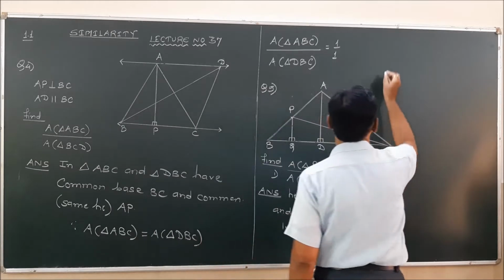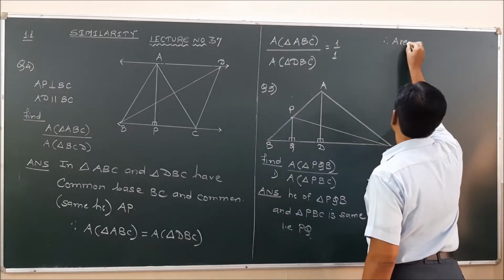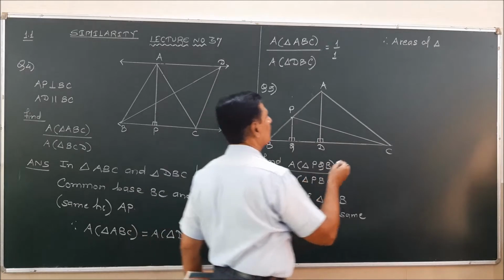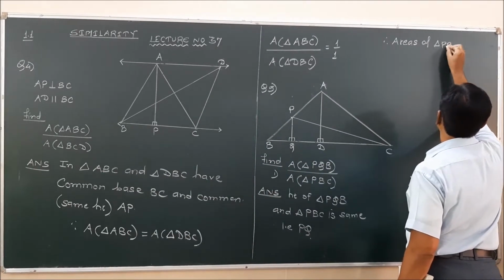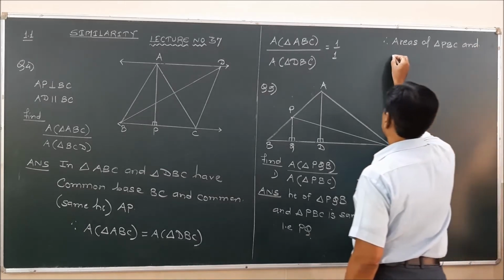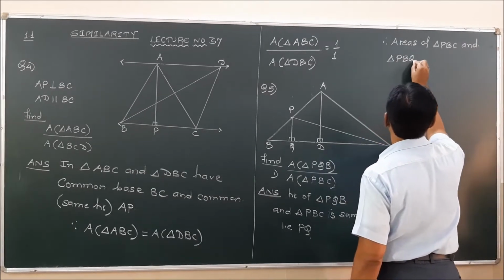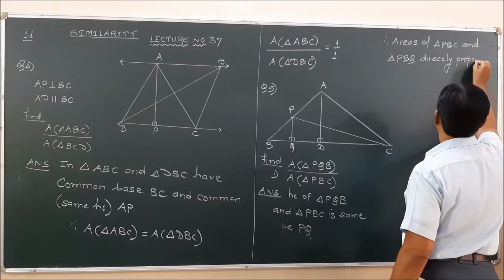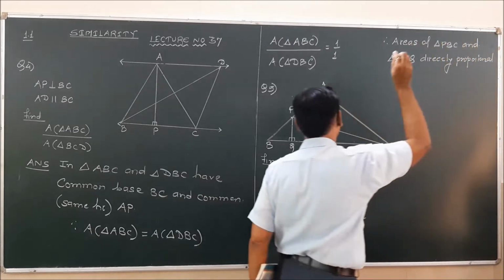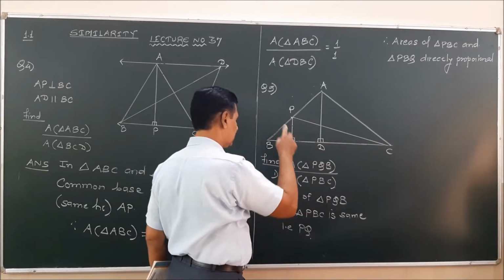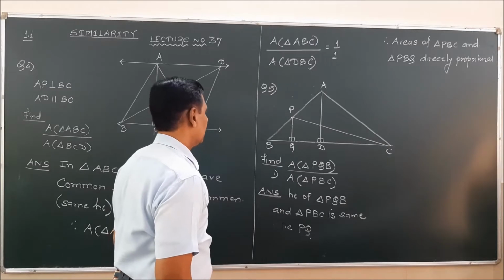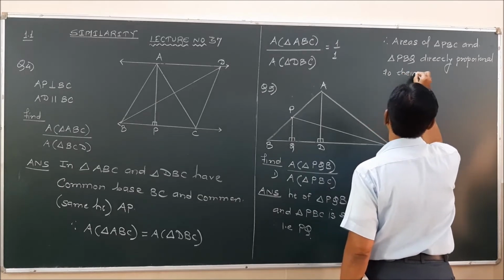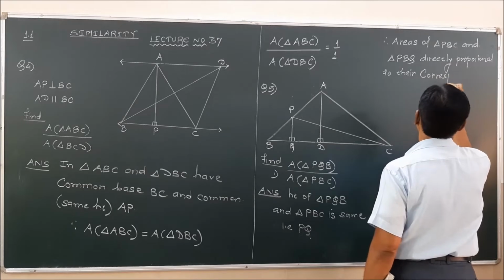therefore, areas of triangle PBC and triangle PBQ are directly proportional to their corresponding bases.